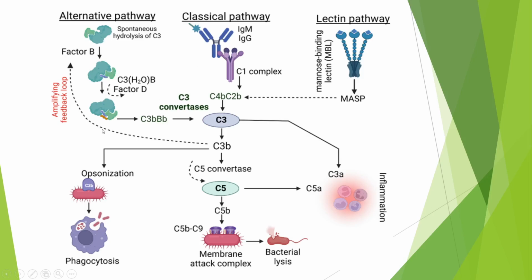So that is it. This topic, the alternative, classical and lectin pathways, is this week's syllabus mainly. How its regulation occurs, how the positive feedback loop occurs, how it helps in enhancing the inflammation, how it helps in enhancing the cascade, how C3 convertases are different in the classical, alternative and lectin pathways, and how MAC complex formation occurs.